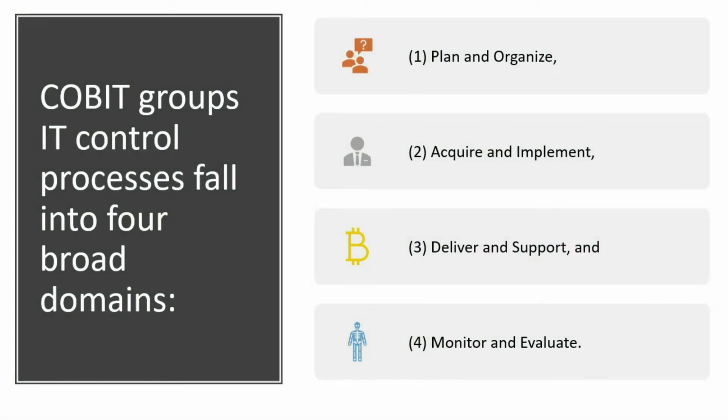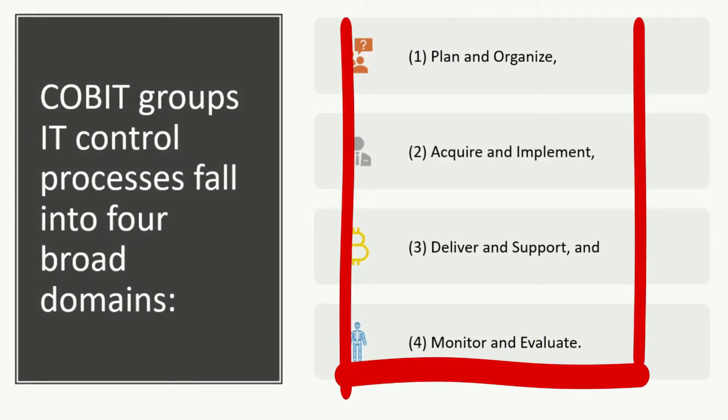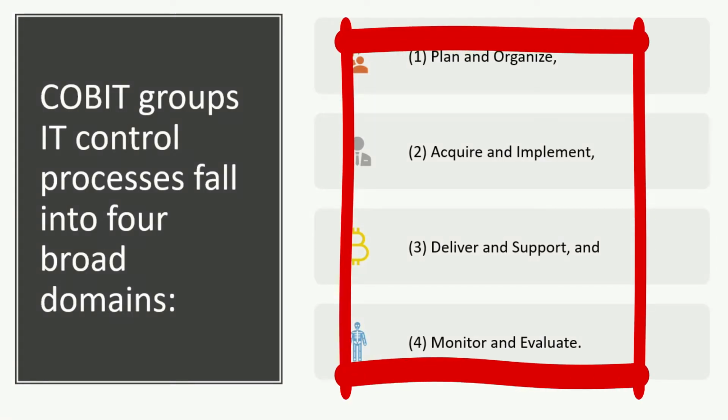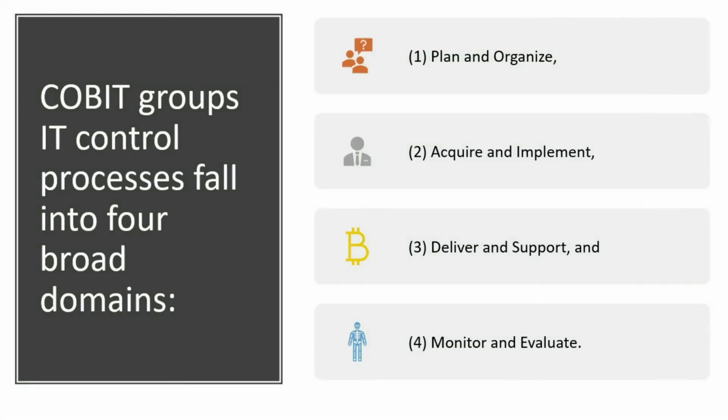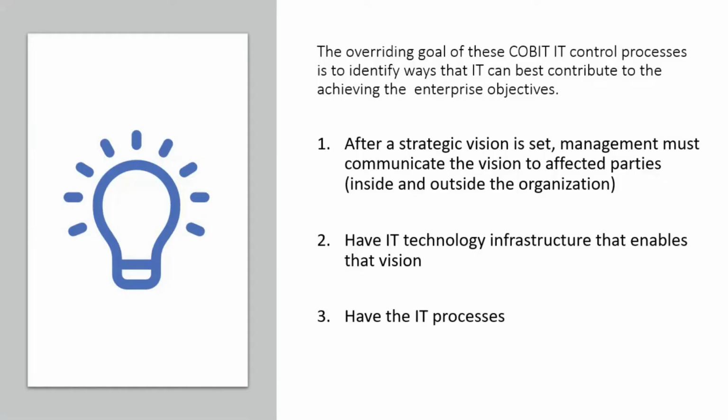COBIT groups IT control processes into four broad domains. The first is to plan and organize. Second is to acquire and implement. Third is to deliver and support. And fourth is to monitor and evaluate.